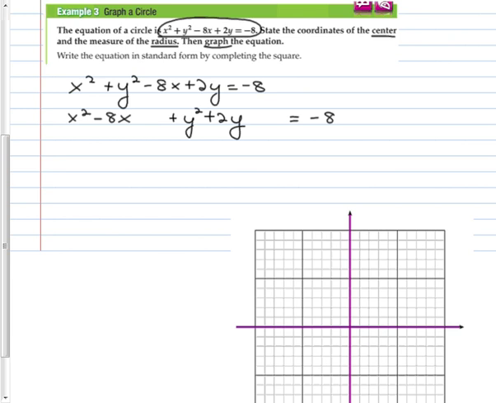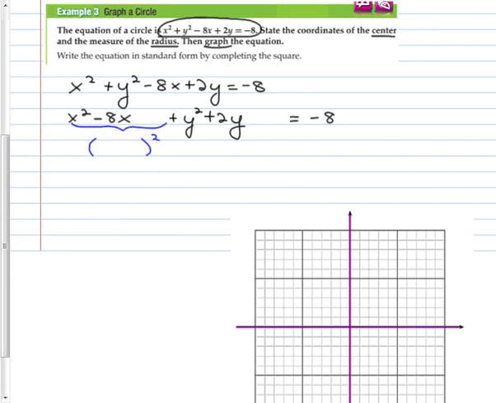Completing the square is the process of changing this into a trinomial that will factor as something squared. We want to change it to a perfect square trinomial. And how we do that is we take this b value, remember ax squared plus bx plus c.